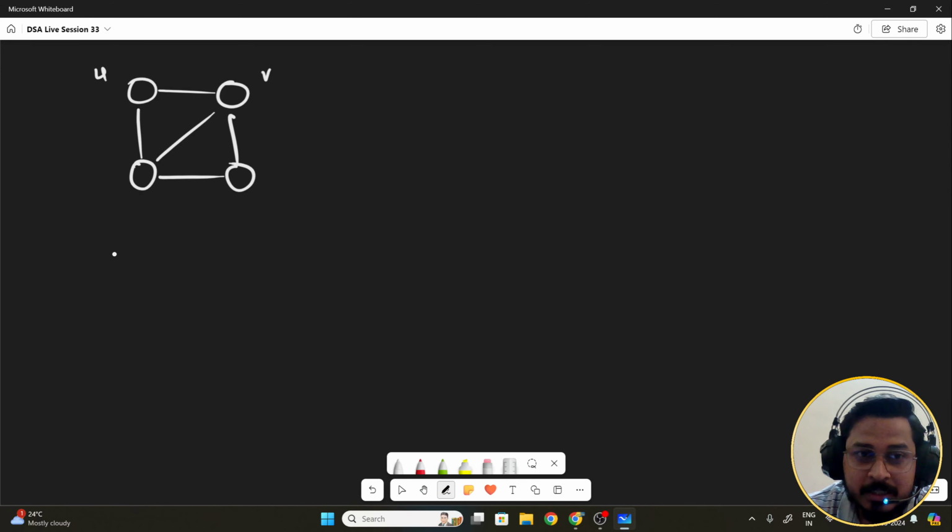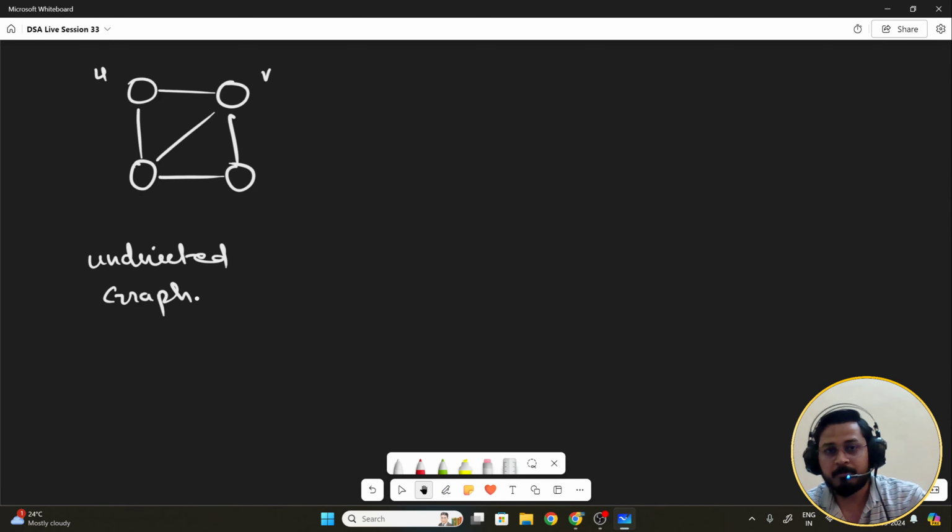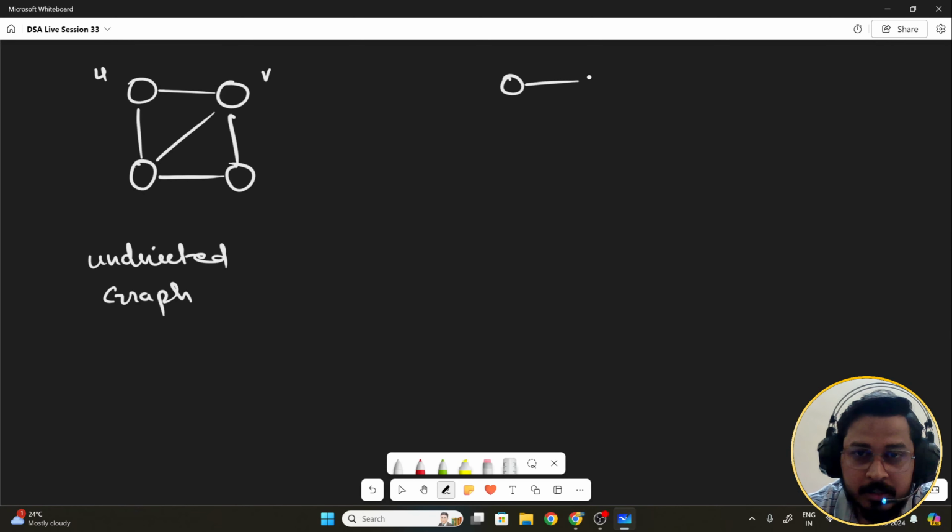Now here you see that there are just edges and nodes. So we will call it an undirected graph. What do we call it? Undirected graph. When I give directions on the edges, so for example, from here to here we are going, and then from here to here, and from here to here.